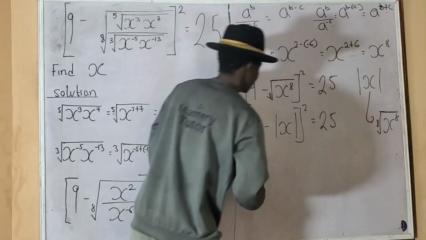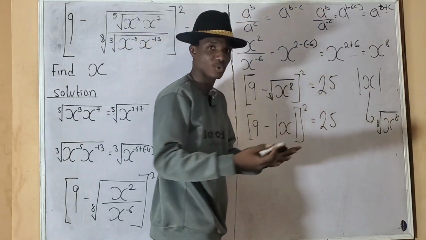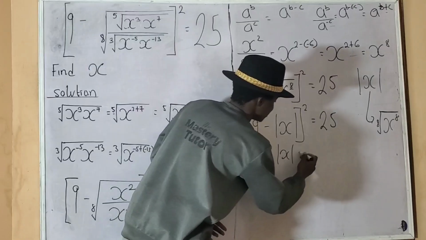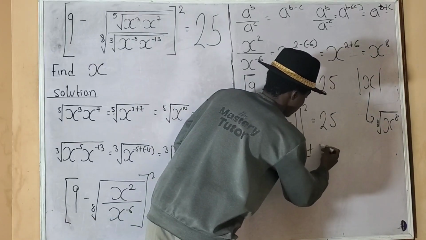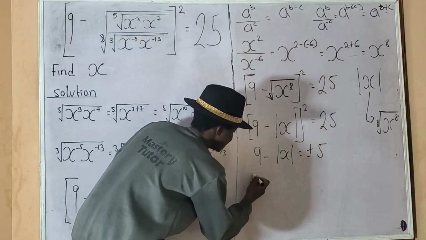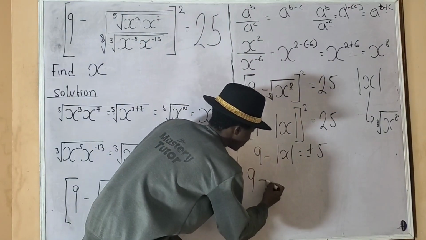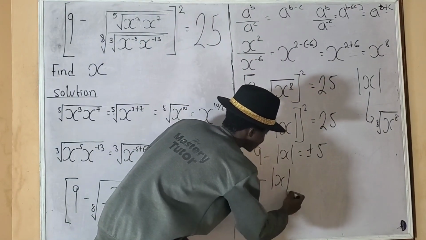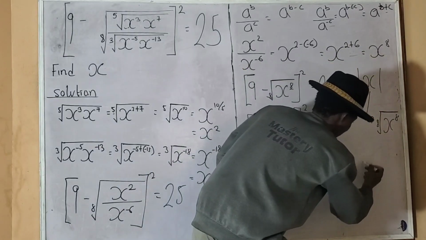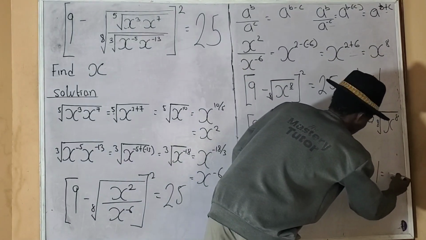Okay. Now I'm going to take the square root of both sides. So for this, I'm going to have 9 minus the absolute value of x is equal to plus or minus 5. Okay, please pay attention. 9 minus the absolute value of x is equal to 5, and then 9 minus the absolute value of x is equal to minus 5.